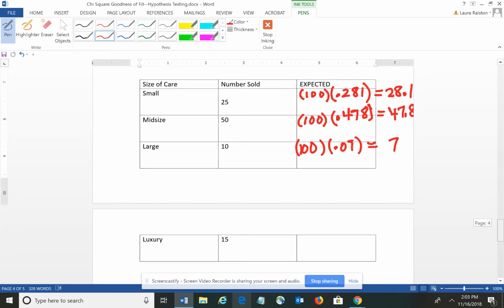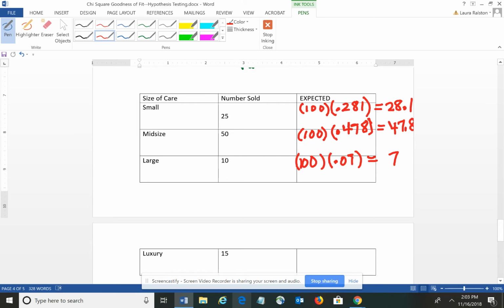And for luxury, we had 100 cars sold, 17.1%. If you look at these numbers, first of all, realize that you can't really sell one-tenth or eight-tenths of a car. So we most likely would round our expected to 28, 48, 7, and 17. And you want to ensure that that equals 100, and it does.